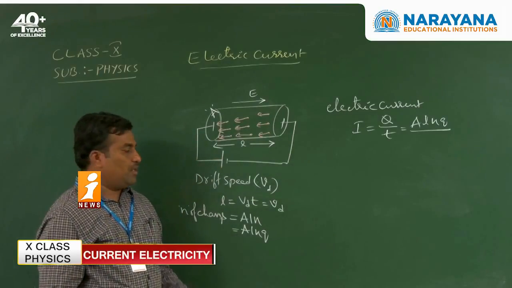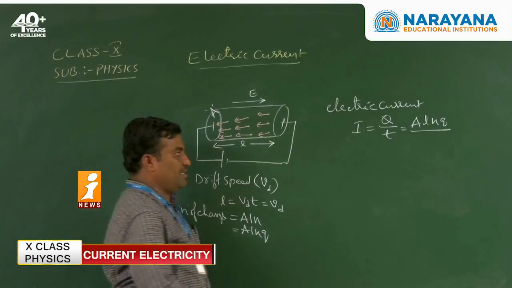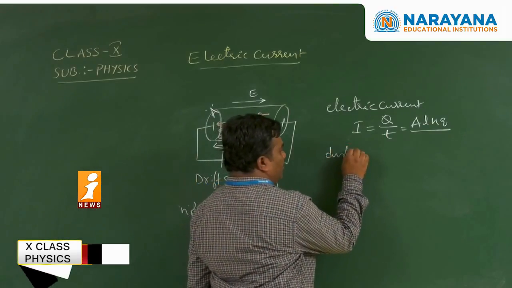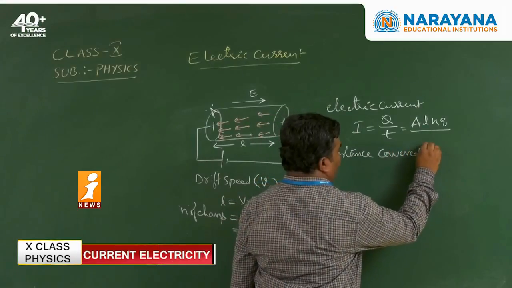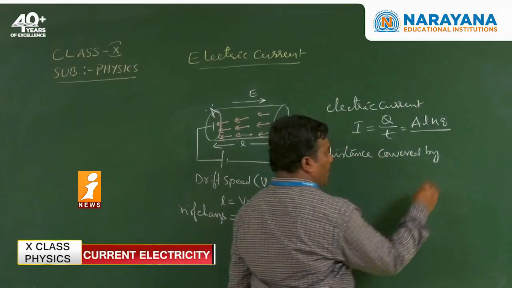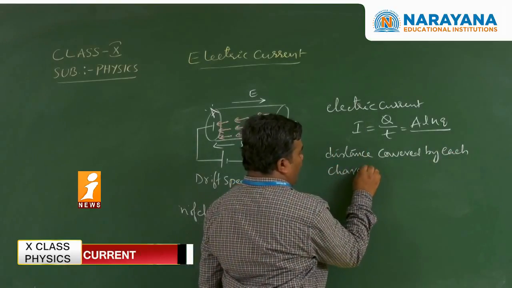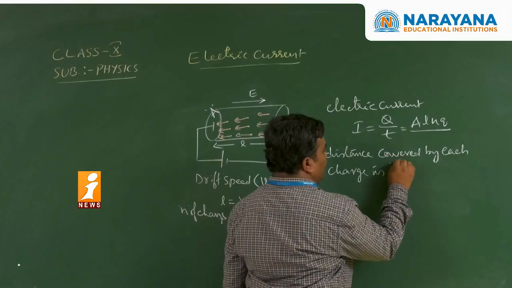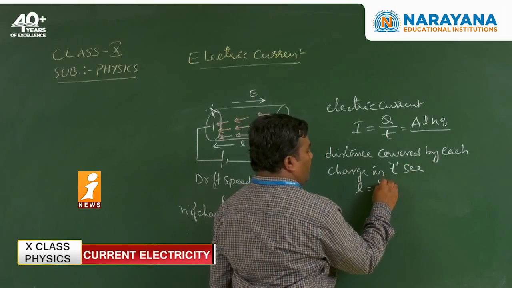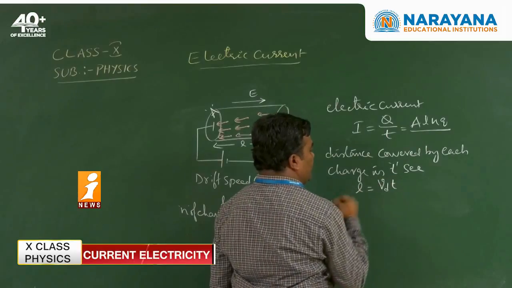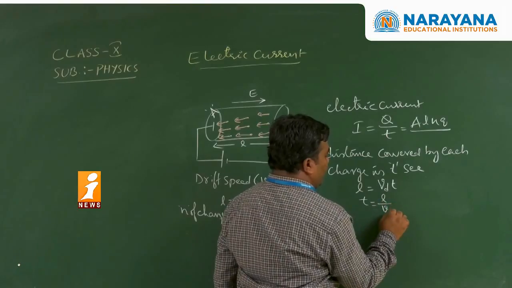The time is the time taken by each charge to cover the distance in T seconds, so L equals Vd into T. Therefore T is equal to L by Vd.